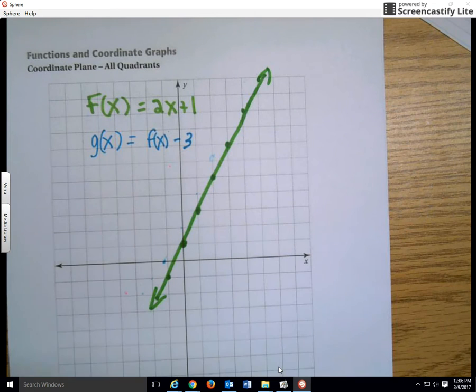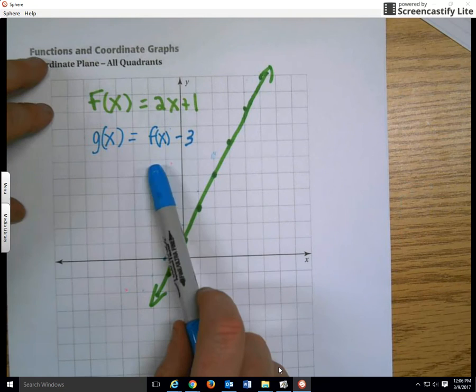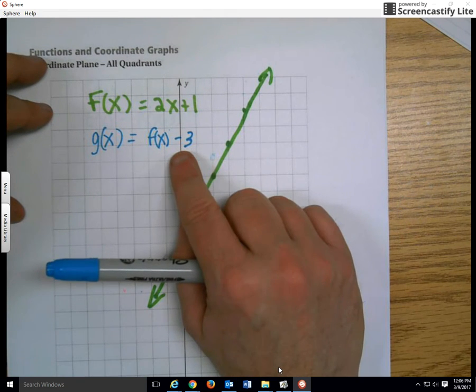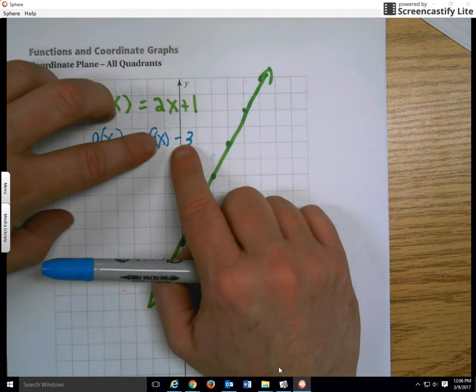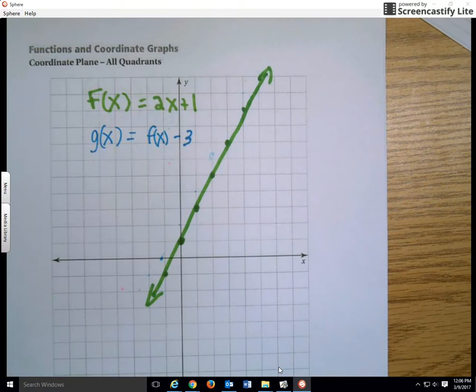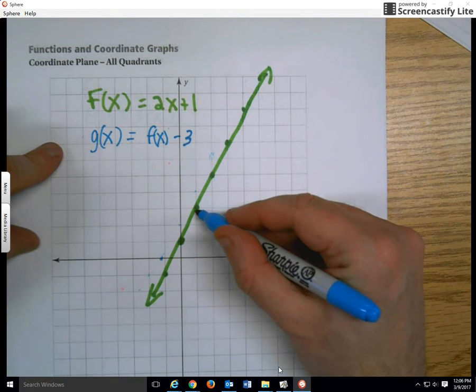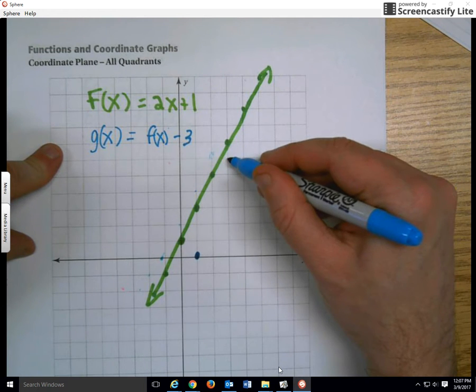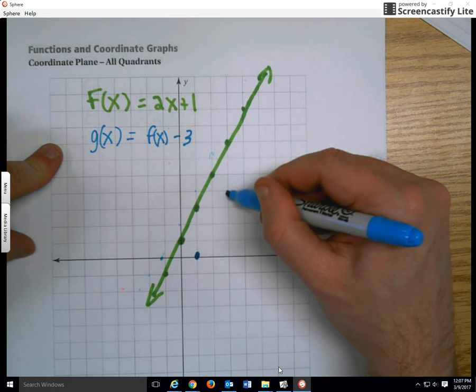Okay, so how are we going to translate it? Well, it says f of x minus 3. So we're transforming it a negative 3. Remember, if it's outside the parentheses, it's a vertical translation. So we're going to go down 3. And we could do that with every dot. 1, 2, 3, every point, every coordinate.